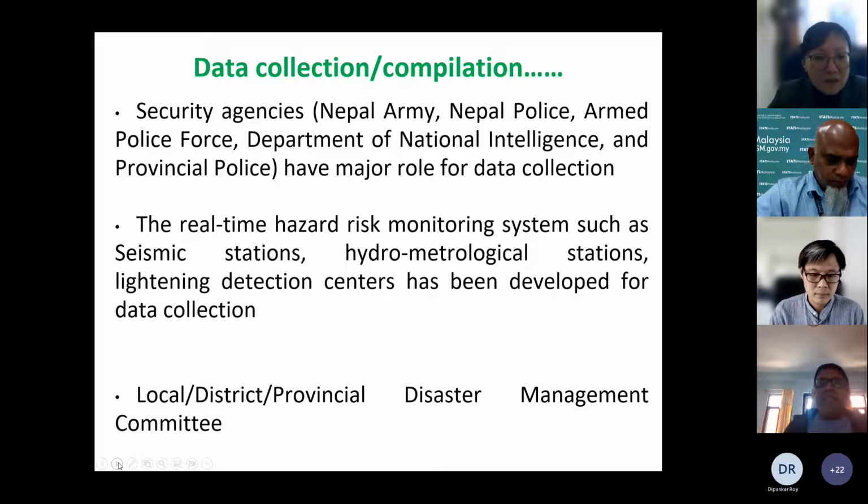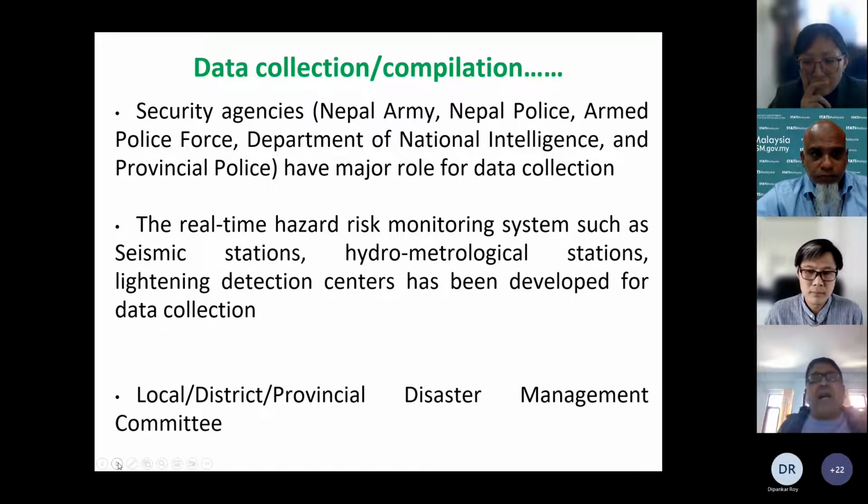Next, data collection and compilation. Basically, disaster-related data is collected by our security agencies like Nepal Police, Nepal Army, Armed Police Force, Department of National Intelligence, and similar provincial bodies. They have the major role in data collection.